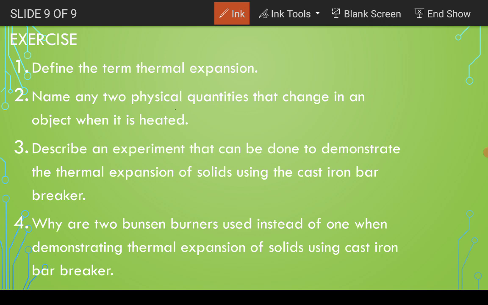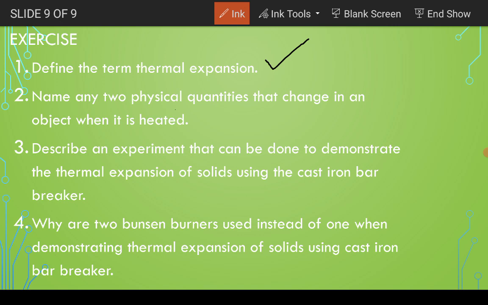All right, so define, using what you have learned, the term thermal expansion. Three things change when an object is heated. So you define thermal expansion in terms of the changes of those three physical quantities.